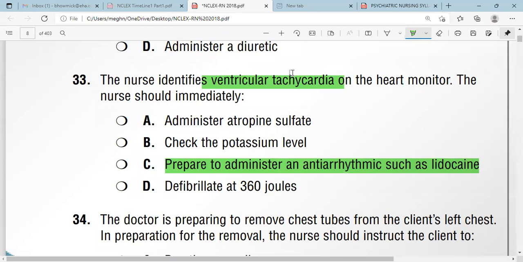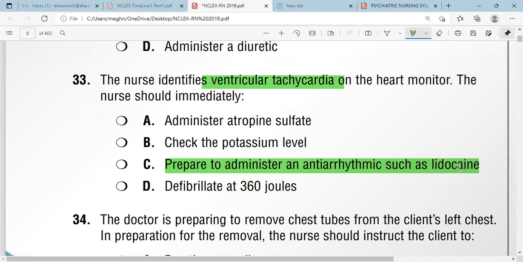When the heart rate is not within the normal range, maybe more than the upper limit or less than the lower limit, both are arrhythmias or dysrhythmias. We have to prepare to stop the arrhythmia. So the treatment for ventricular tachycardia is lidocaine. So I will be prepared for this.